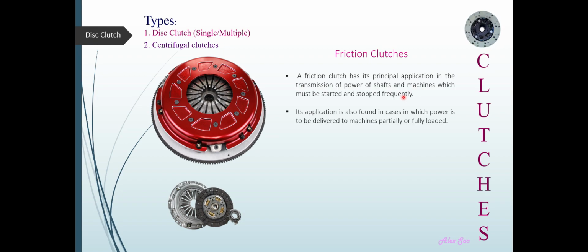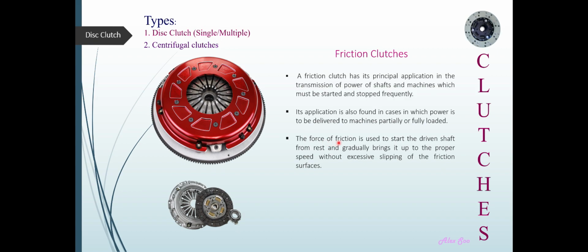Its application is also found in cases in which power is to be delivered to the machines partially or fully loaded. The force of friction is applied here for the clutch and is used to start the driven shaft from rest and gradually bring it up to the proper speed without excessive slipping of the friction surfaces.